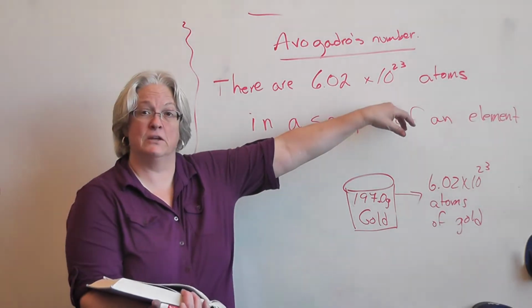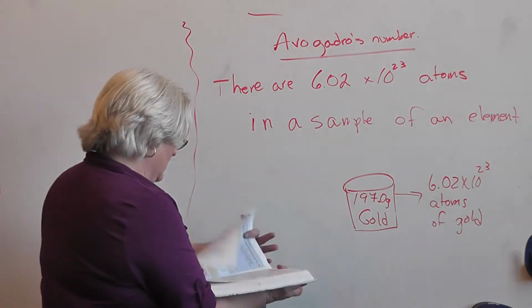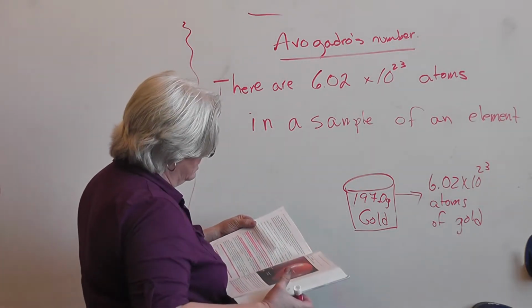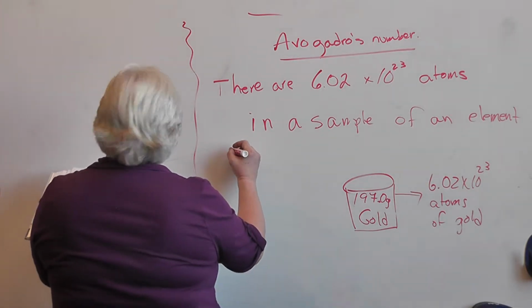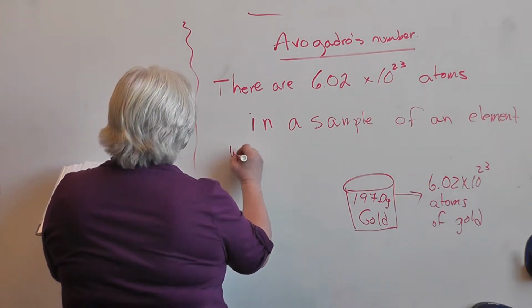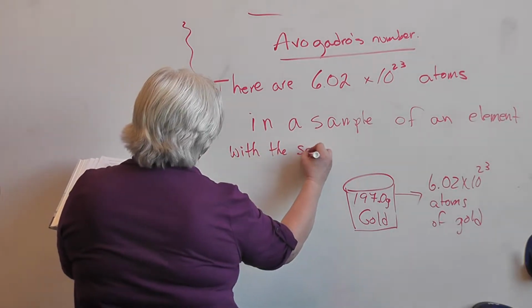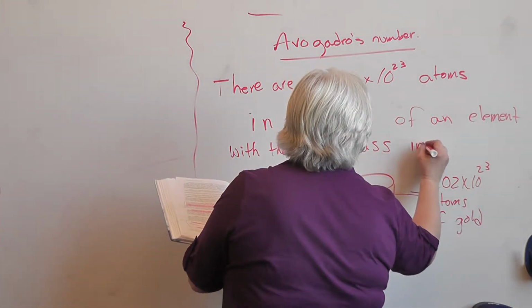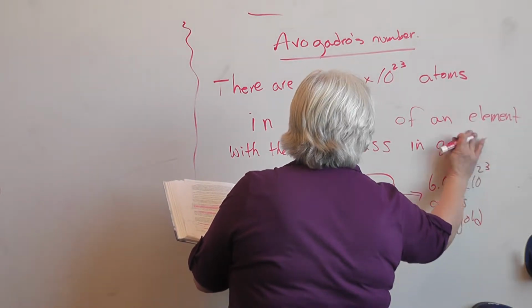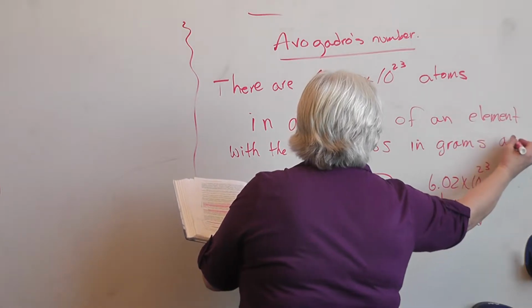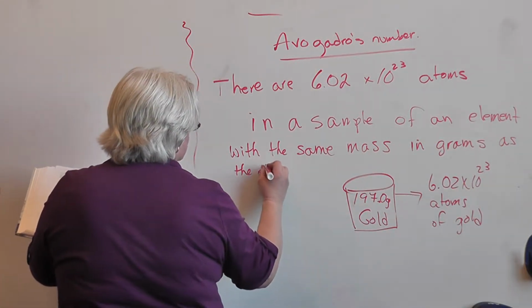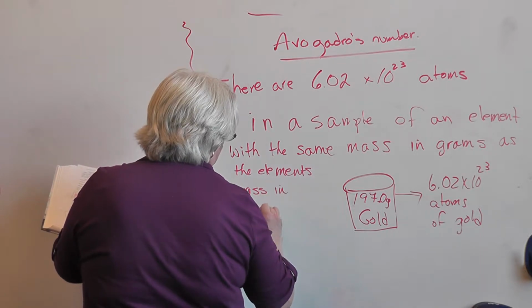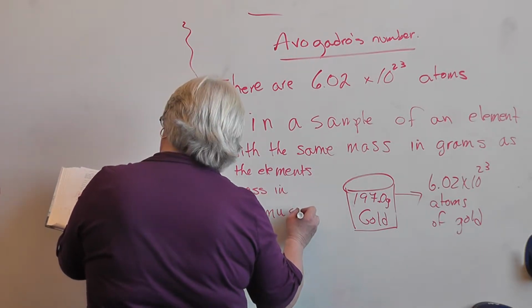There are 6.02 times 10 to the 23rd atoms in a sample of an element with the same mass in grams as that element's mass in atomic mass units.